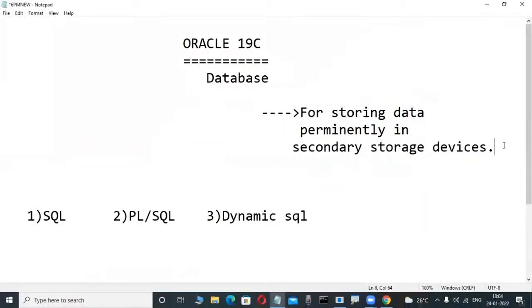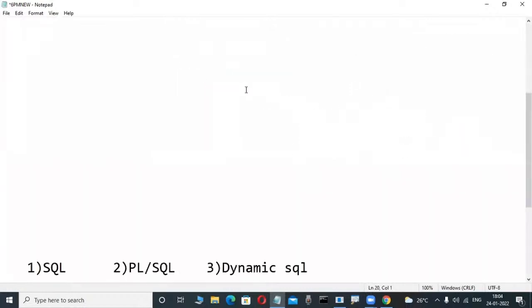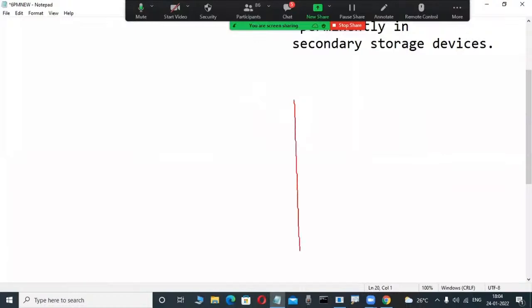As I said in the previous classes, observe slowly here: a database is a place. Whenever we install Oracle, SQL Server, DB2, these type of databases in our system, automatically one place is created.